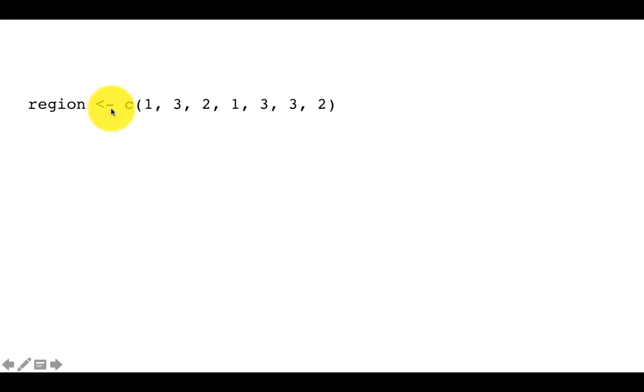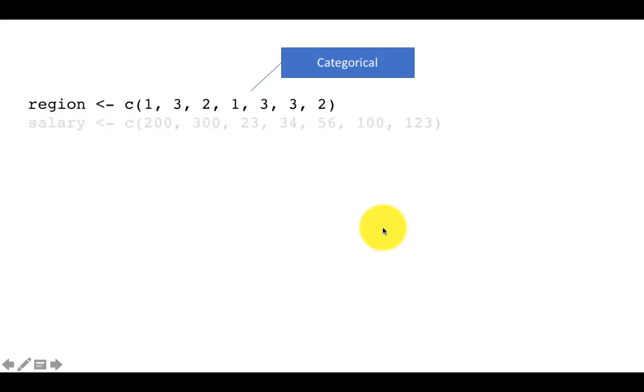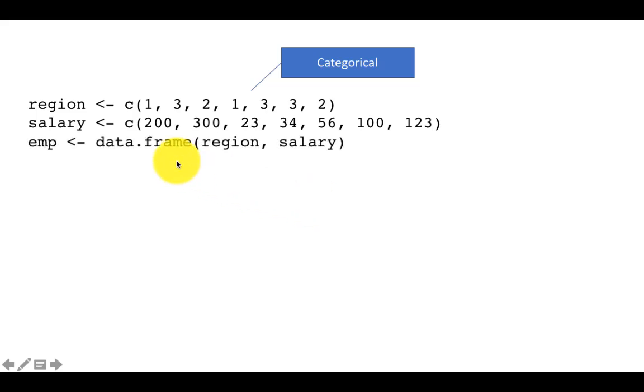Here, for example, you've got region, which has numeric values, but we want to treat it as a factor. Let's assume that this is categorical. In this particular case it is numeric, but we want the system to treat it as categorical. Here I'm creating a data frame called emp with region as one column and salary as another column.